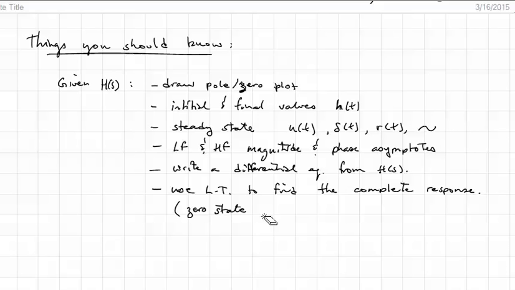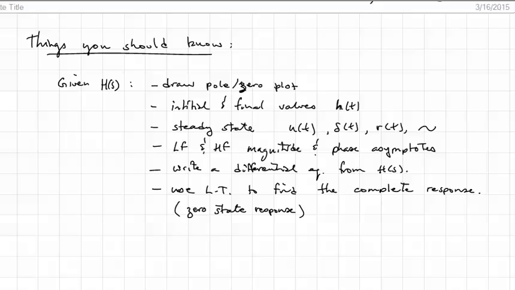Because if you recall, when you take the Laplace transform of a differential equation, there are those initial condition terms that show up whenever you take the Laplace transform of a derivative or an nth derivative. And when we write a differential equation in a transfer function format, we drop those initial conditions, or assume them to be 0.